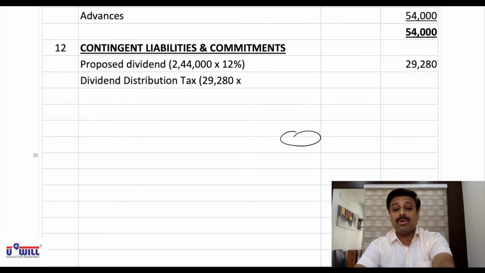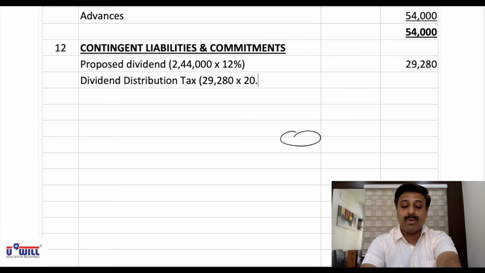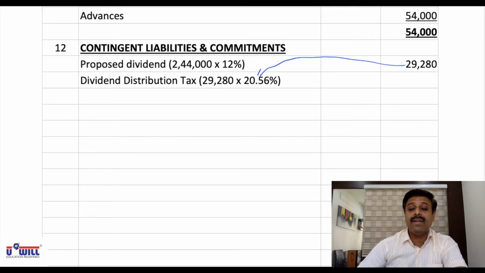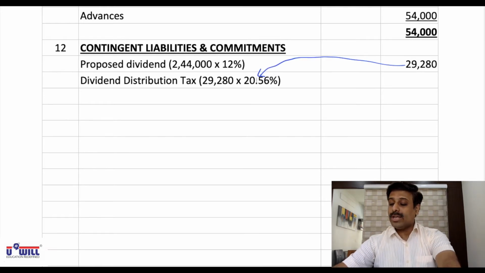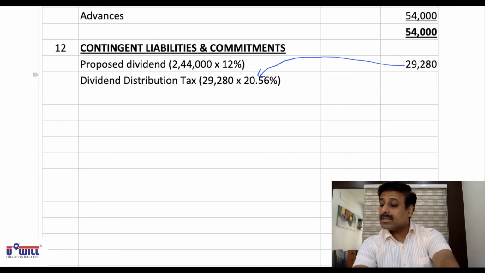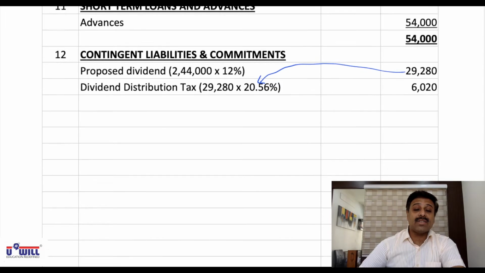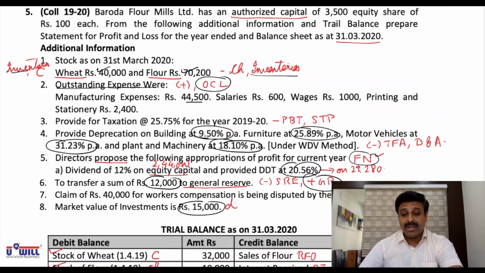Okay, so dividends amount 29,280 into 20.56%. Okay, be careful, you have to count it on the amount of dividend. So 29,280 into 20.56%, that is 6,019.9 and 6,020.